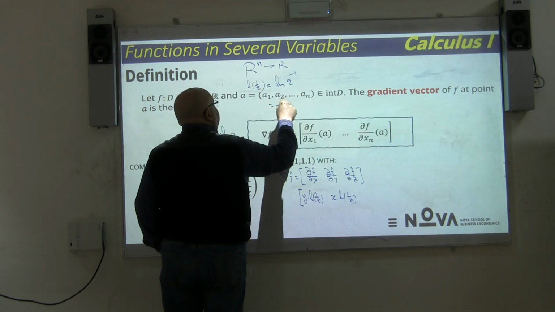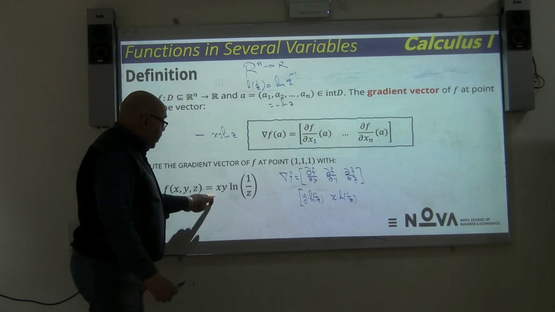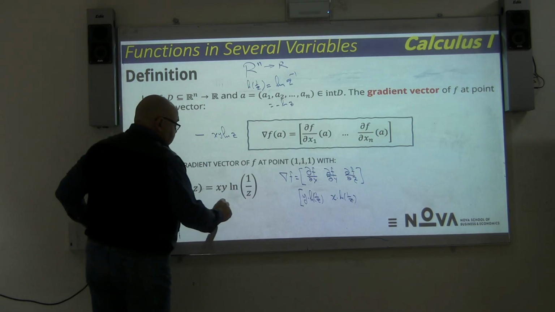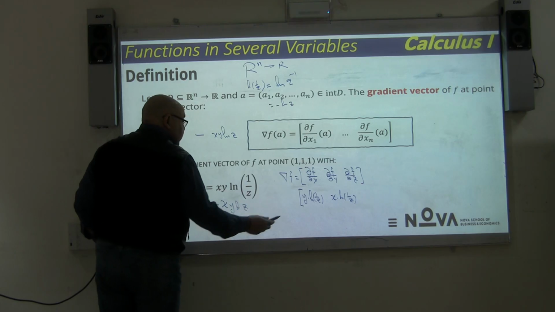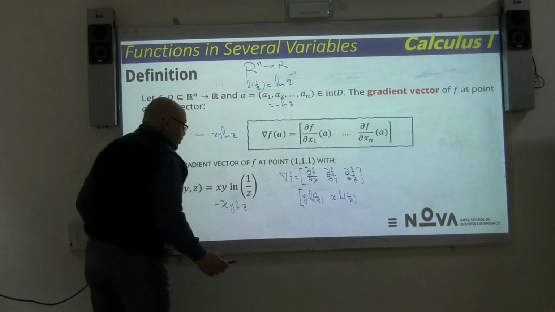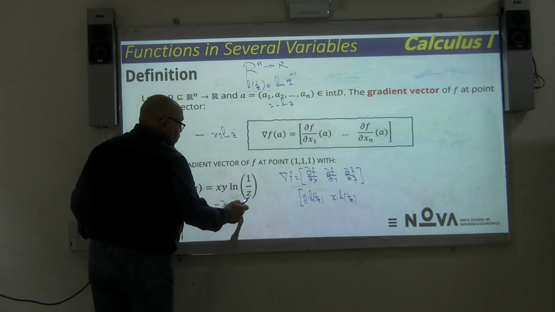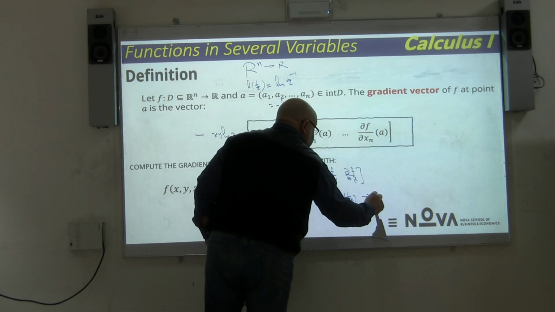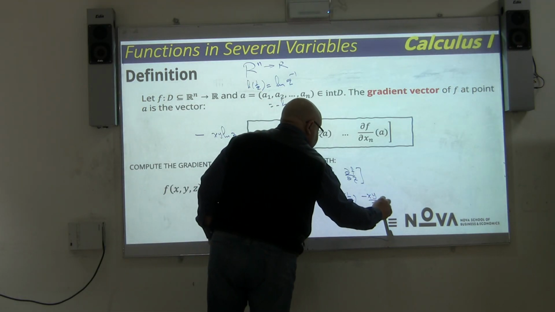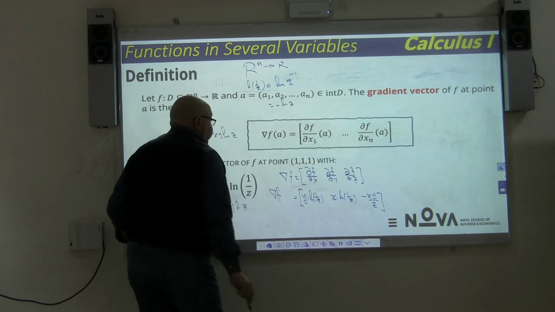So it's equal to negative ln z. Instead of writing it like that, it's going to be negative xy ln z. Now I can differentiate with respect to z. We leave these two as constants and differentiate ln z, which is 1 over z. So it's going to be negative xy over z. That's the gradient vector of f.